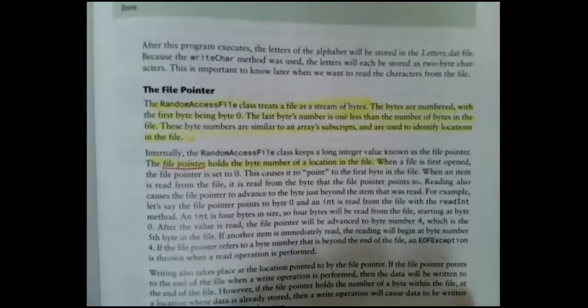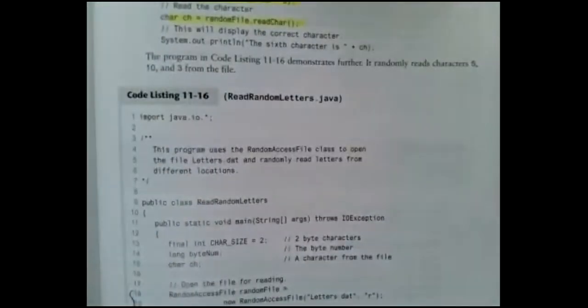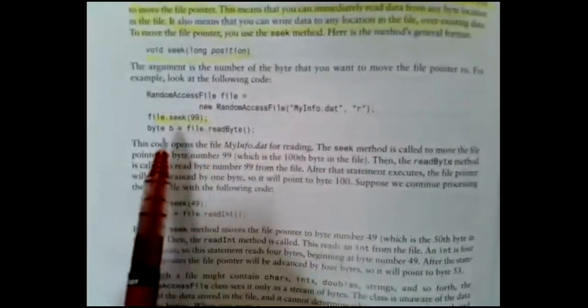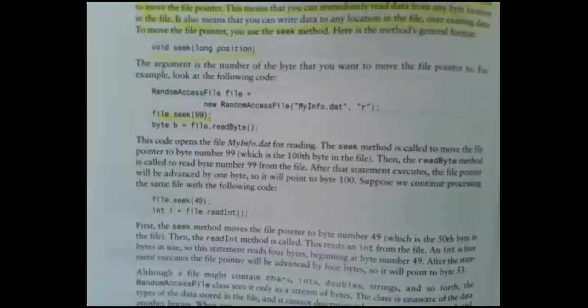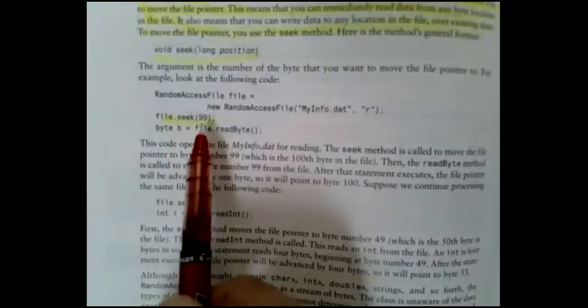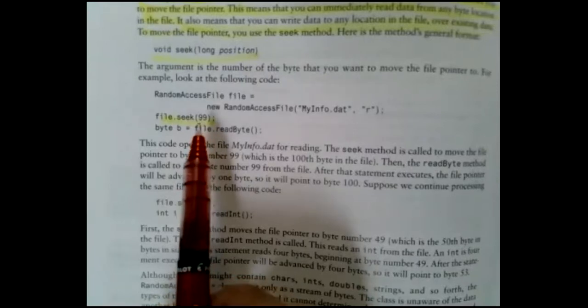Some neat things can be done with a file pointer. The first one is this thing called seek, and seek is going to let me move. In this case, seek is going to take me to the 99th location.